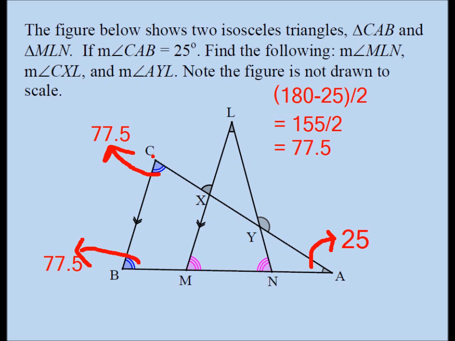Okay, now the line segment BC is parallel to the line segment ML, so the blue angle and the pink angle are congruent to each other because these two lines are parallel. These two angles are called corresponding angles, so this angle has to be 77.5.